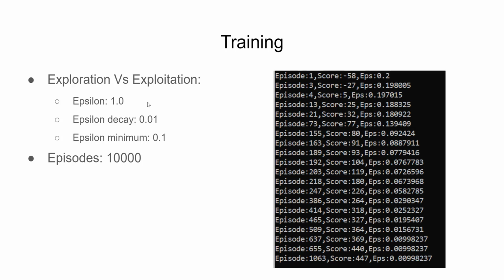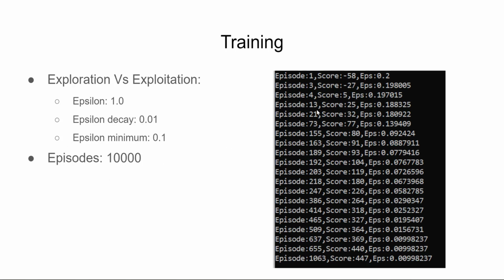So I started with epsilon of 1 and decay after every episode of 0.01 with a minimum exploration of 0.1, okay? And for the training process, I let it run 10,000 steps.